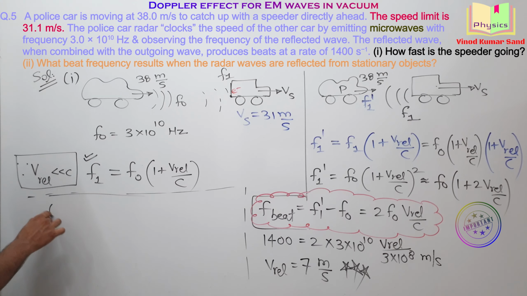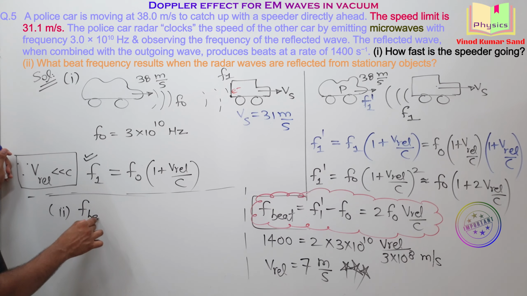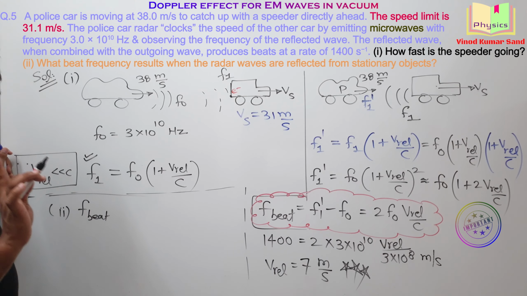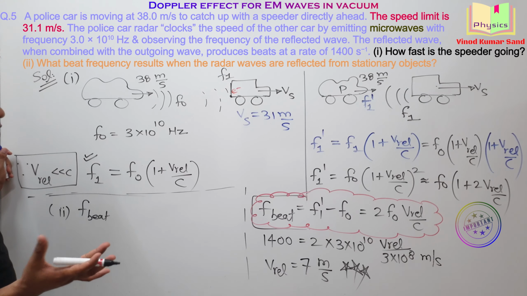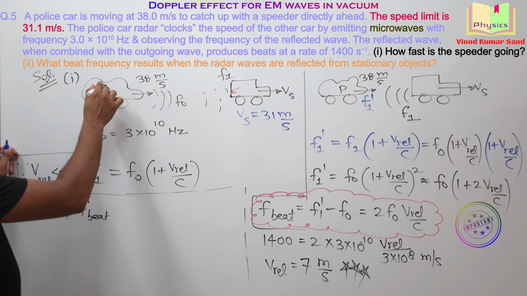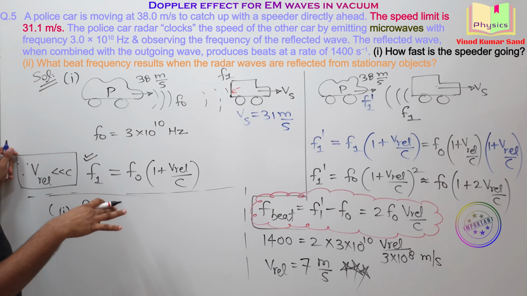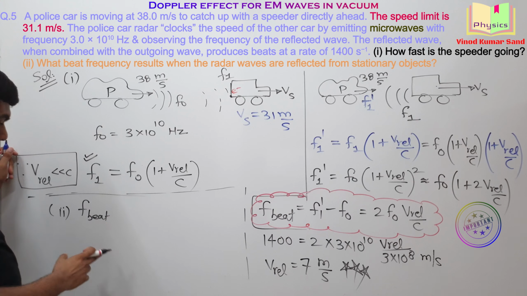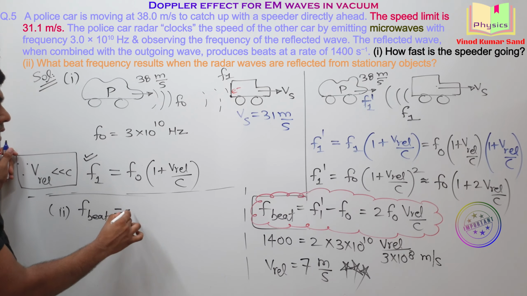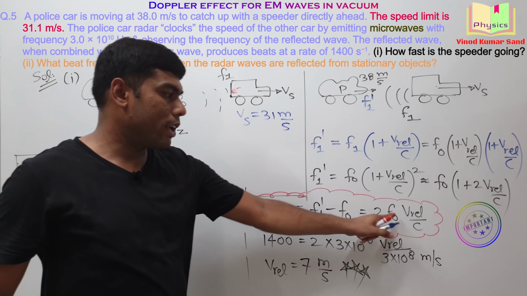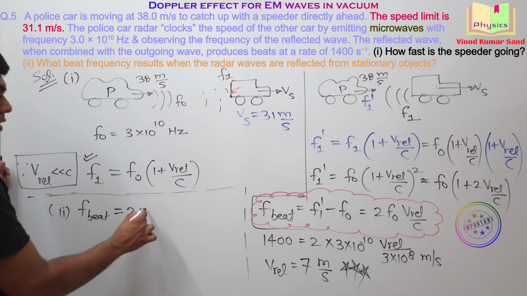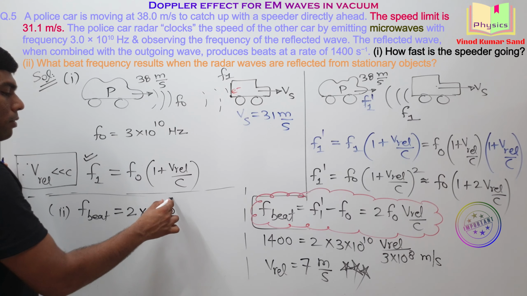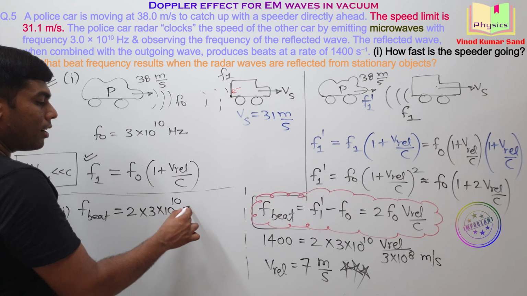Pay attention. For the second part, the question is asking us the f beat if the electromagnetic waves are reflected by a stationary object. This police car is radiating electromagnetic waves, and they'll get reflected by the stationary object also. So I am calculating that beat frequency. It will be 2 times f naught, f naught is 3 into 10 to power 10, times v relative.